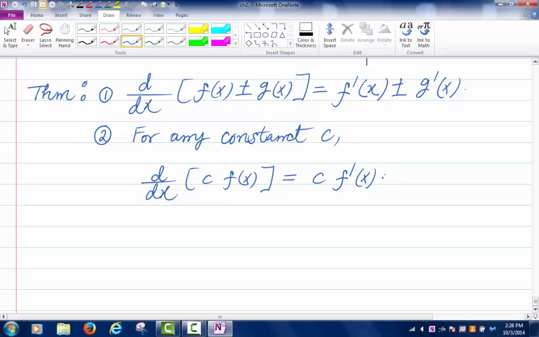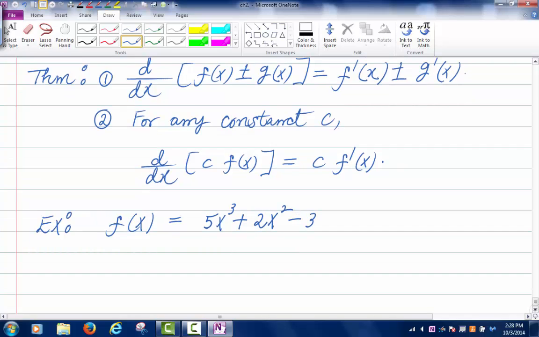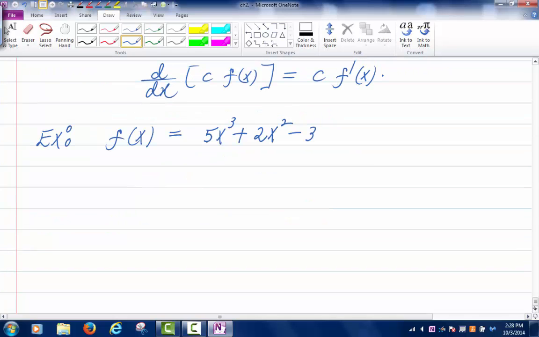Now, what this is going to allow us is to take the derivative like this. Let's say I have the following function f of x, which is 5x cubed plus 2x squared minus 3. So what's the derivative of this function?